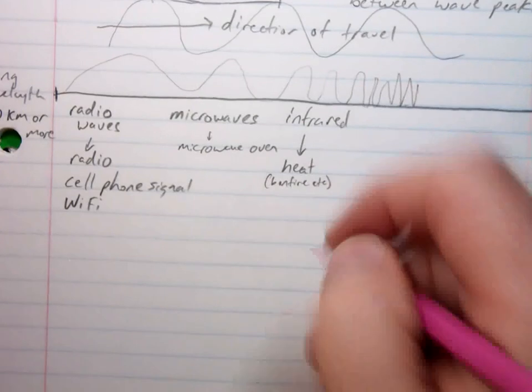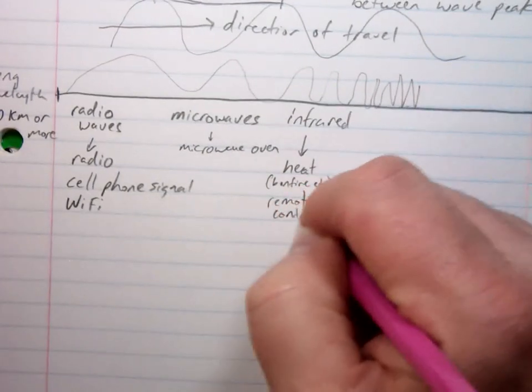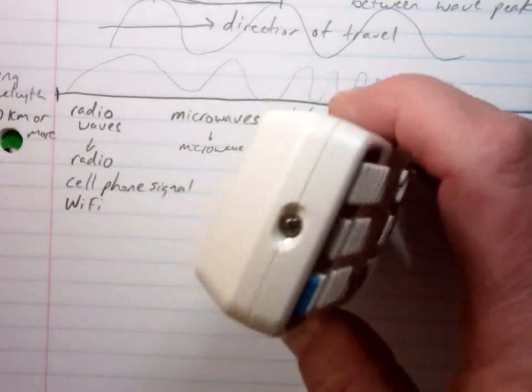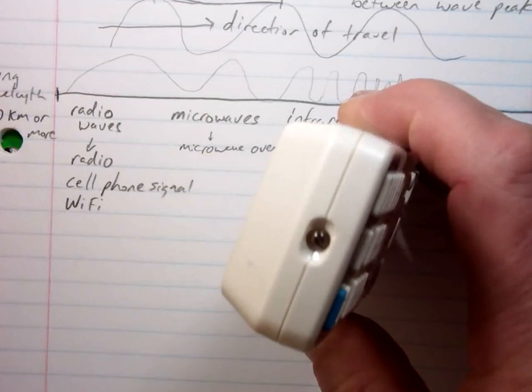And also remote controls. For the most part, your Apple TV remote uses radio waves, but your regular TV remote, very likely uses infrared to communicate. If it's got a bulb like this at the end of it, it's sending infrared waves.